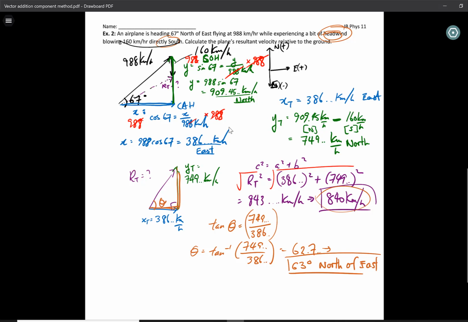And because of that, we also had to subtract the vectors along the vertical line because we had south and north opposing each other. And as a result, we get this final resultant vector, which is not going as north, but it's still going in a relatively eastward direction. So here we have our final solution.